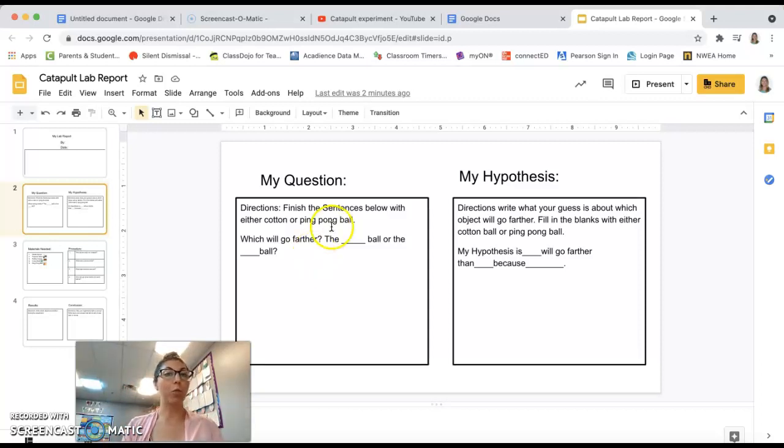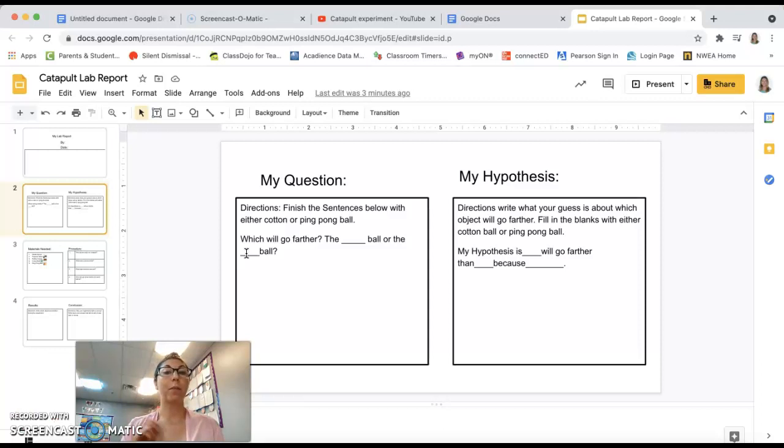You're going to write what the question is. So the directions are finish this sentence below with either cotton or ping pong ball. Which will go farther, the blank ball or the blank ball? So in these blanks, you will either put cotton or ping pong ball. And in this blank, you will either put cotton or ping pong ball to finish the question.